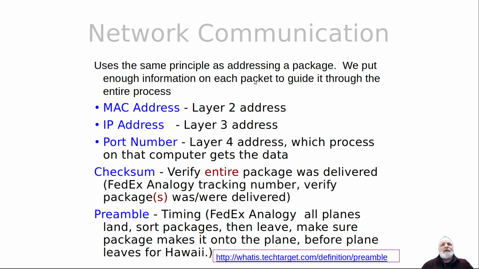Now, inside of our packet, along with the actual message, we also send what's called a checksum. And the idea of the checksum, right, remember that our data is all a bunch of ones and zeros. So we basically add up how many ones we have, how many zeros we have, and put that in the packet.